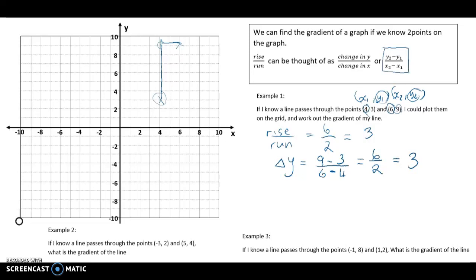What I'm going to do is another example. So I'm going to do example 2. Do that in green. First of all, we're going to plot our points. We've got negative 3, 2, and 5, 4.